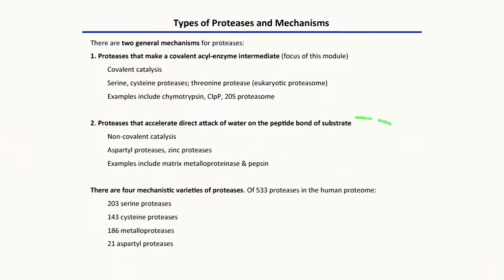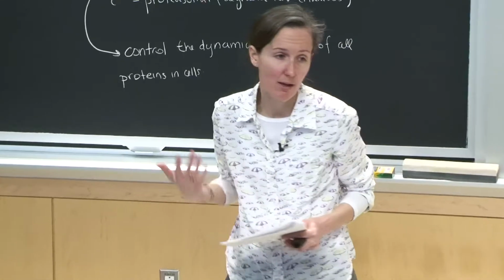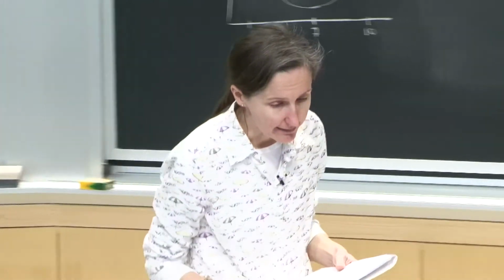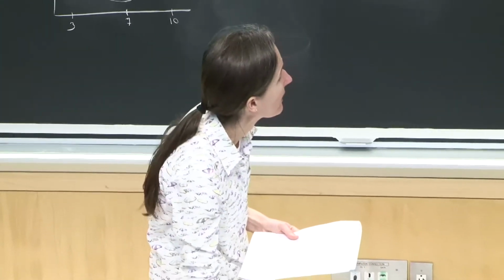Just for some trivia, if we think about the human proteome, there are 533 proteases, and this is a count here. So on the order of 200 serine proteases, 140 cysteine, around 190 metalloproteases, and 21 aspartyl proteases. So we have many of these enzymes to act at different places and points.